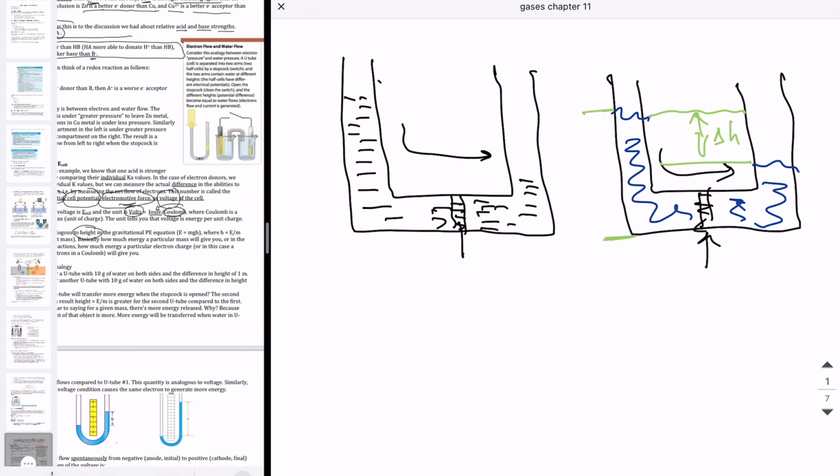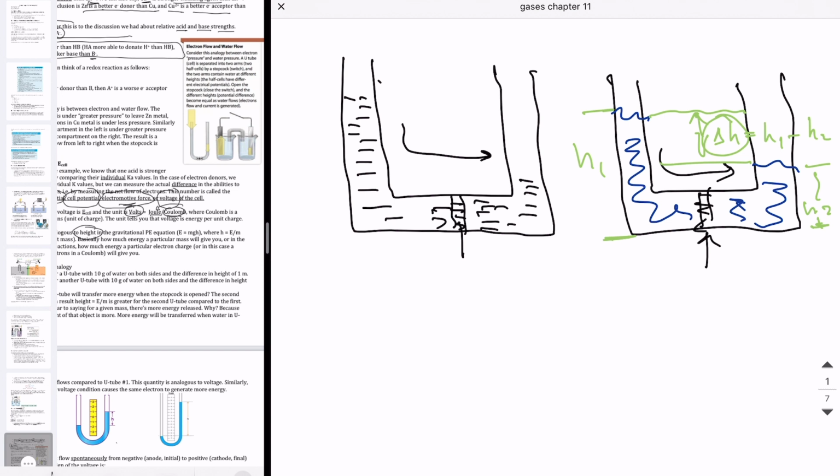So height one compared to height two is our delta H. The higher that difference is, the more energy is going to be transferred from one side to the other. The more one side of the water is higher than the other side, the more gravitational potential energy you're going to get. The same idea happens here in the electrochemical cell.